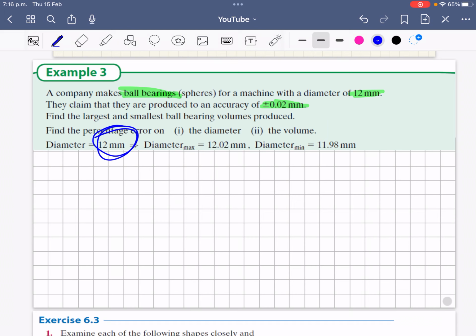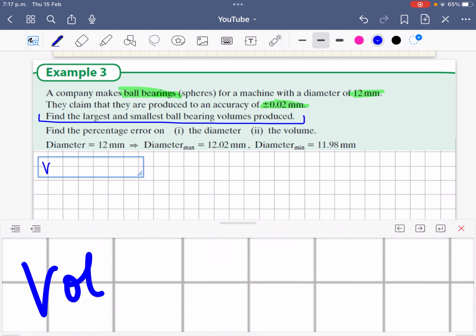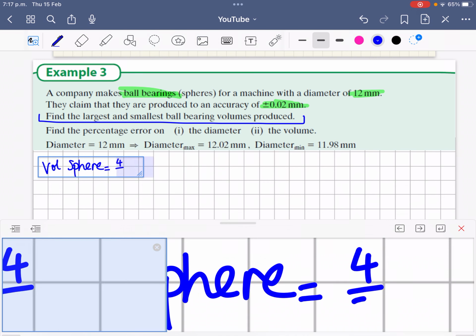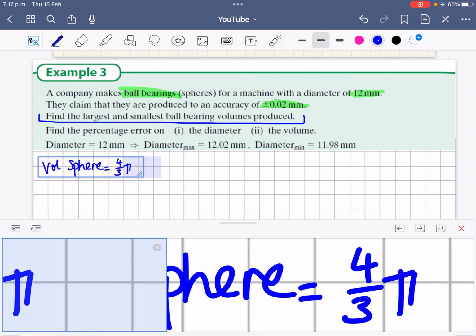So the first little bit of calculation is done there for us. If this is the diameter, the maximum diameter is 12.02, the minimum diameter is 11.98. They've said find the largest and the smallest ball bearing volumes produced. So we're going to do that first, and then we're going to worry about part I and part II. It's a sphere, so the formula for the volume of a sphere is equal to 4 over 3 pi r cubed.